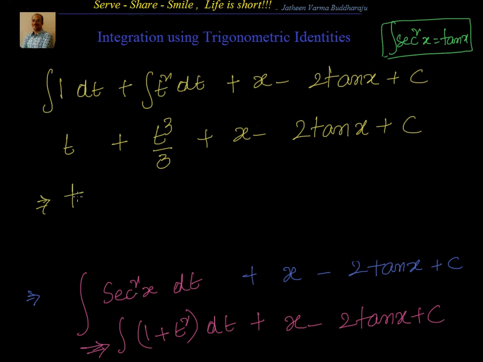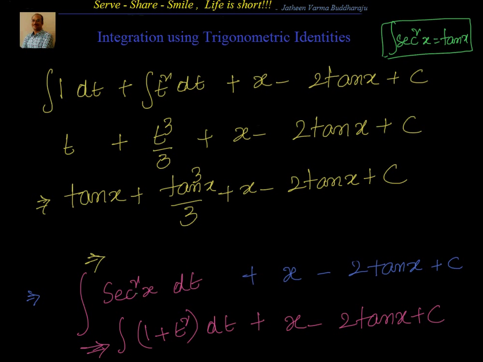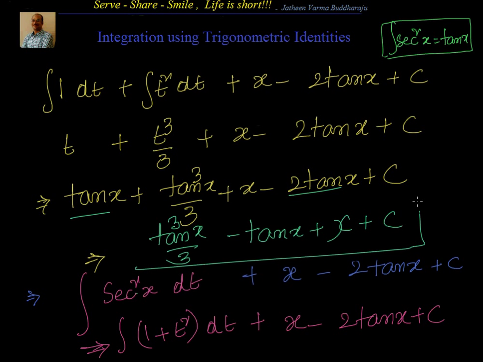For t it is nothing but tan x, and t cube by 3 is tan cube x by 3 plus x minus 2 tan x plus c. The last step is tan cube x by 3. I have plus tan x here minus 2 tan x, so I can write it as minus tan x plus x plus c. I have tan cube x by 3 minus tan x plus x plus c.